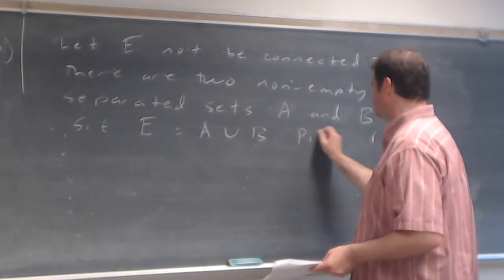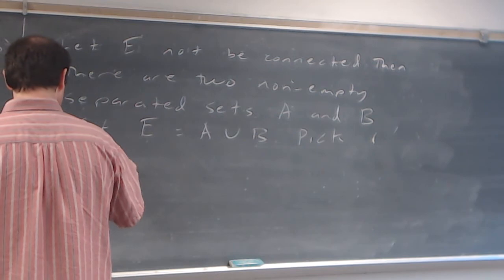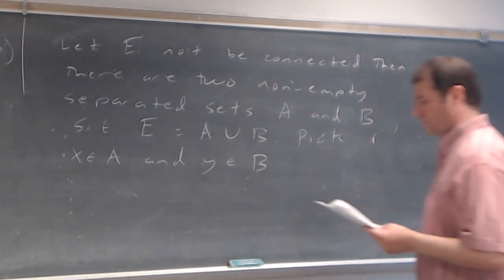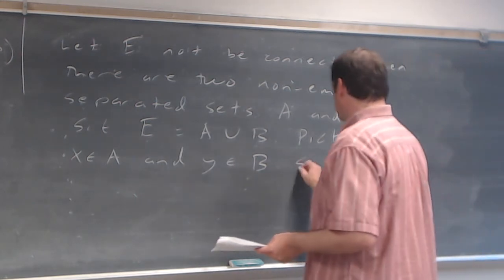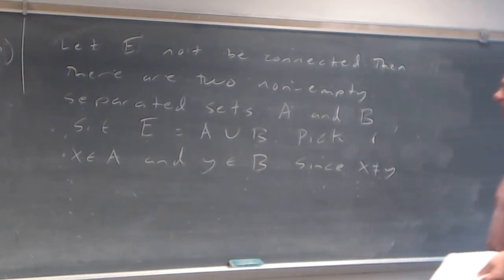We're going to pick an x in A and a y in B. Since x is different than y, they've got to be different because they're in separated sets. Okay.